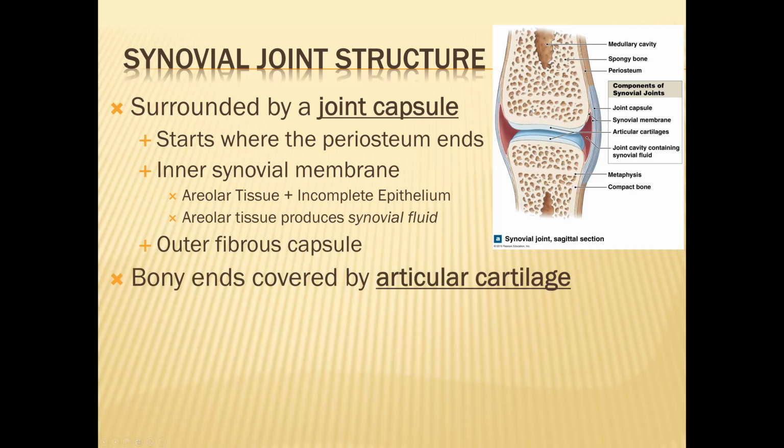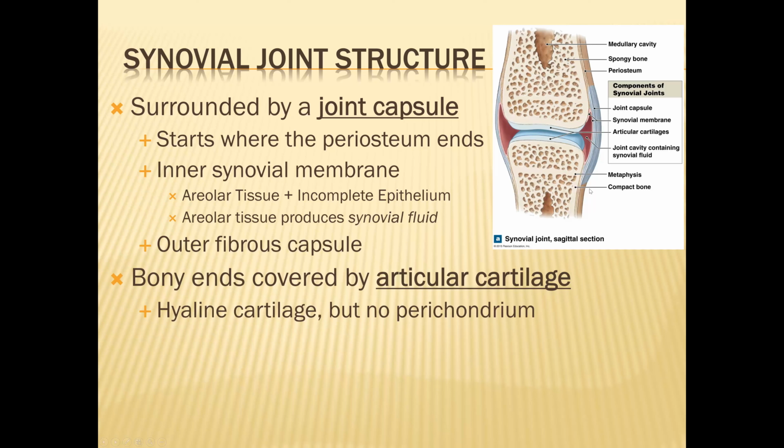So the bony ends of the joints at synovial joints are covered by articular cartilage, which is made of hyaline cartilage. And when we talked about bone development in Chapter 6, if you remember, when the endochondral ossification was occurring and the cartilage was being replaced by spongy bone and compact bone, there was this small little piece of cartilage that was pushed up to the ends of the bone, and that is what becomes the articular cartilage.